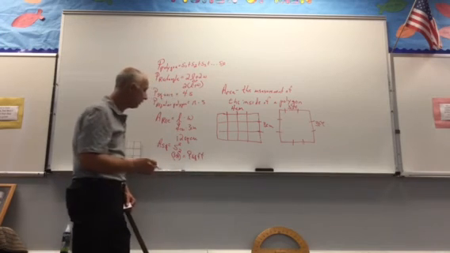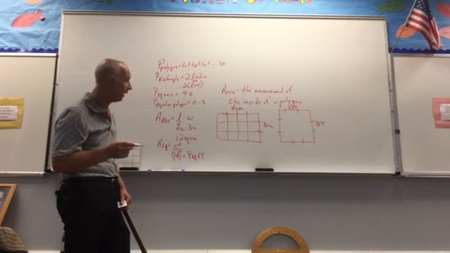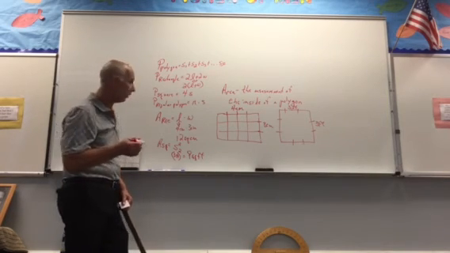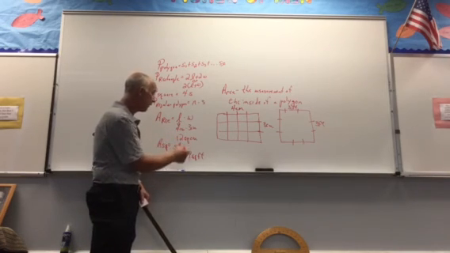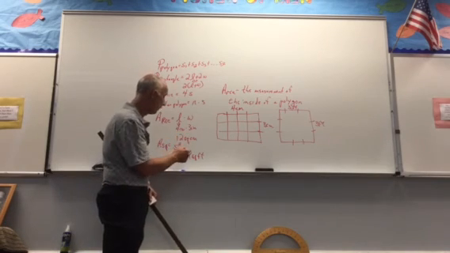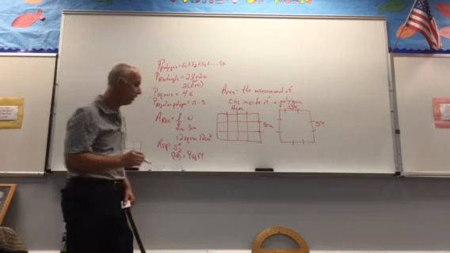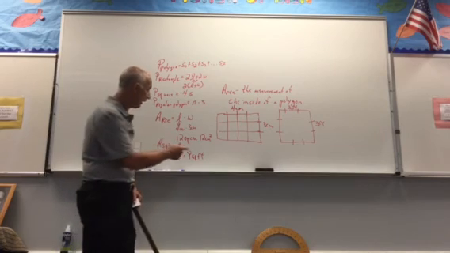By the way, mathematicians are lazy. That's why I think I like math so much, because I'm kind of lazy. But they don't like to write out any more than they have to. So what some mathematicians do, instead of saying like 12 square centimeters, they write 12 centimeters to the second power, which is read 12 centimeters squared. And again, the same thing here.